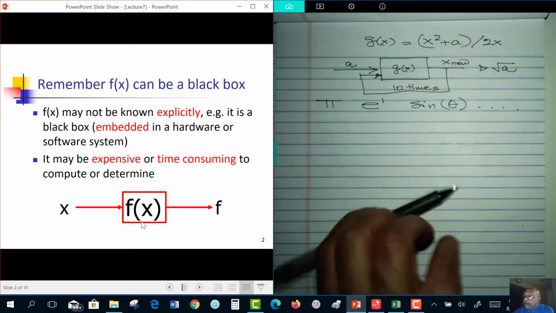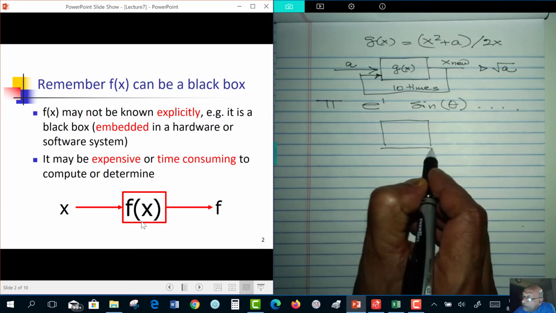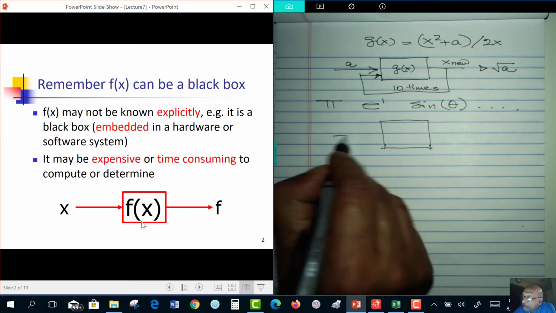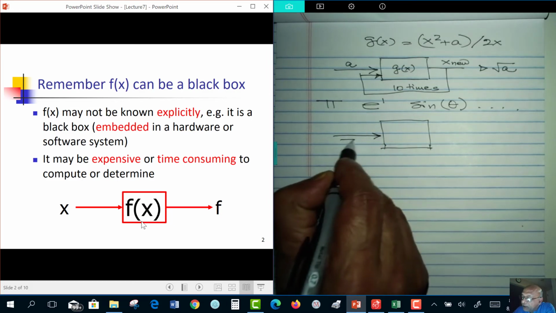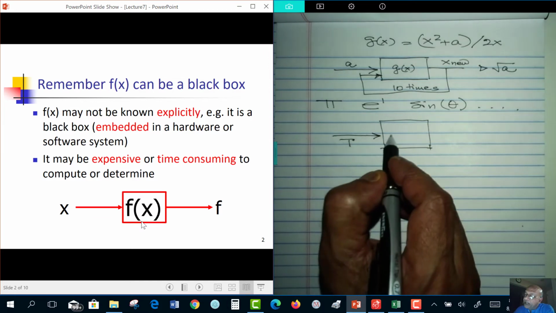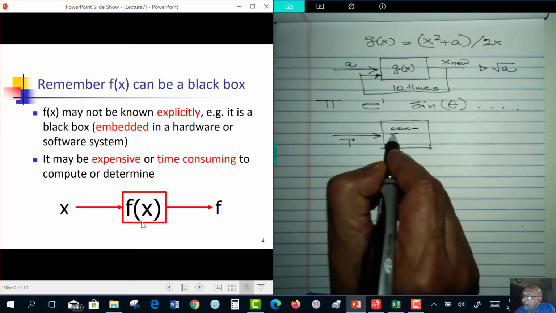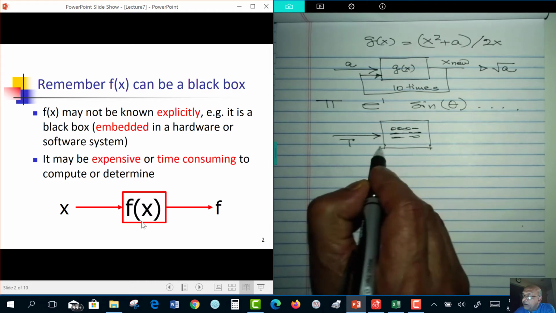As an example, imagine I have a simulator. In this simulator, I feed in temperature. And since some of you may have taken material science, let's say this simulator simulates some number of atoms.